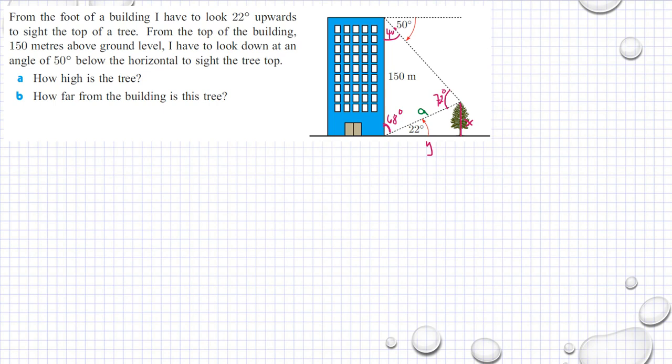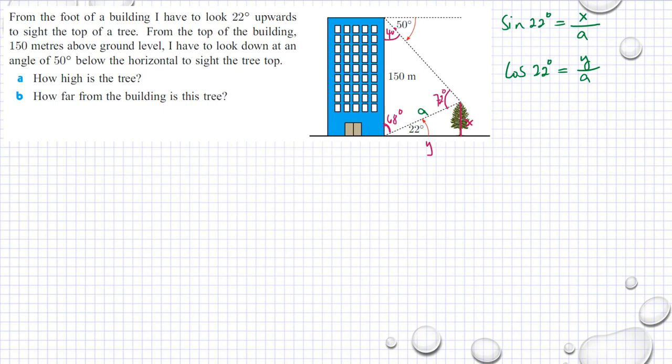Because to solve for x and y, opposite side divided by the hypotenuse, sine 22 degrees is equal to opposite side, that is x, divided by hypotenuse, that is A. That's why it is very important for me to solve A. And adjacent side divided by the hypotenuse, we have cosine 22 degrees is equal to y divided by A. So I need to solve A first.